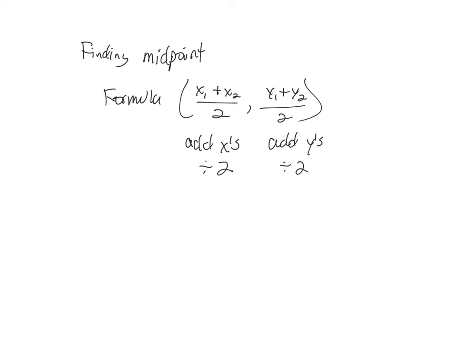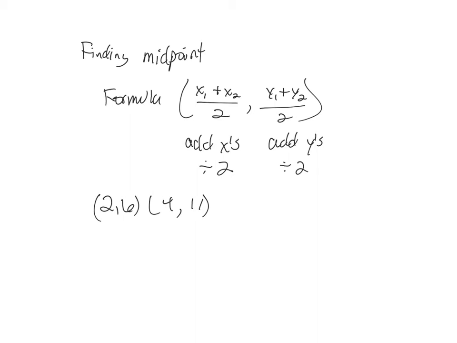So if I had 2 comma 6 and 4 comma 11. Find the midpoint. Well, you see you plug it in the formula. This one isn't terrible because I use all positives.